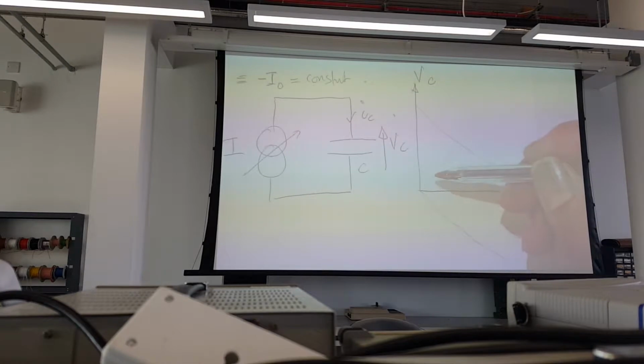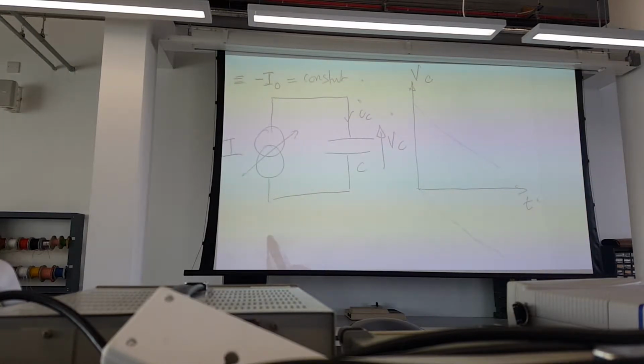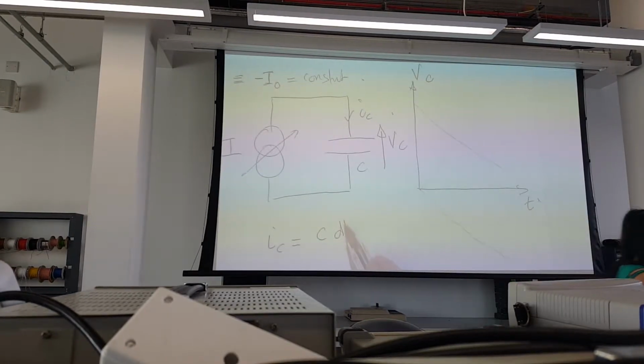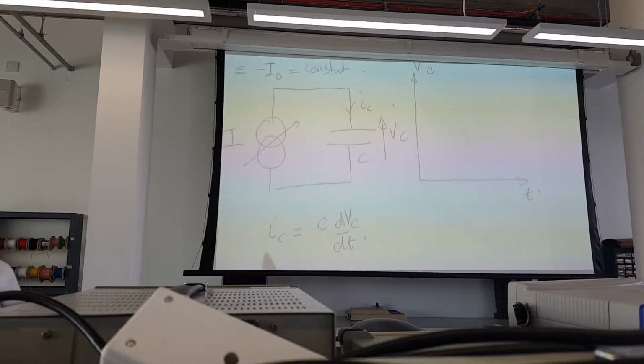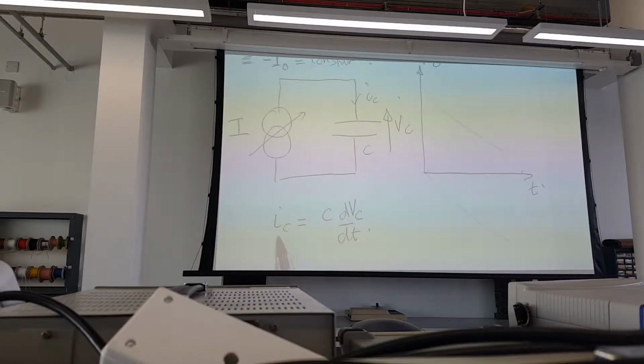And the reason why we know it's a negative gradient is because IC equals C dVc by dt. We know that. And we know that IC, this current here, is minus I naught.